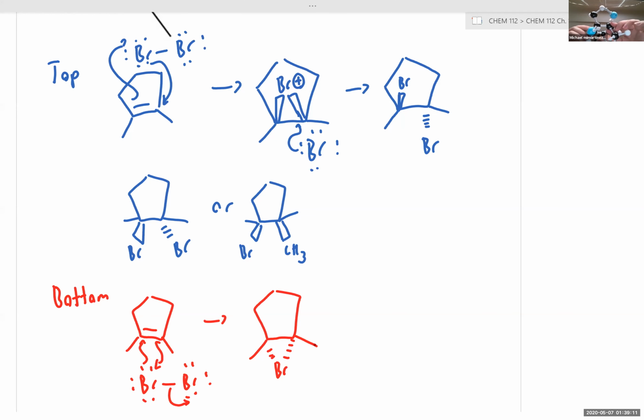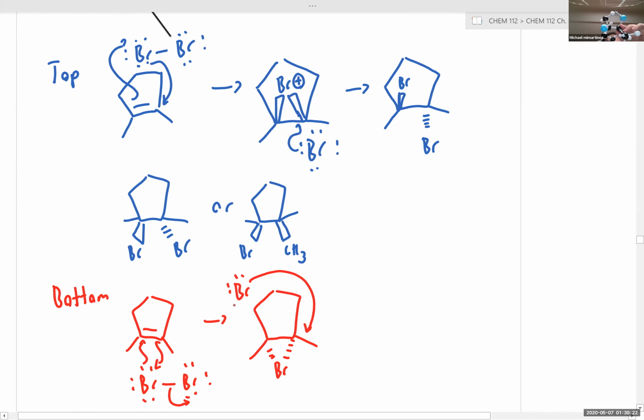Here we go. So we have the following trans bromine addition product. After bromine attacks, arbitrarily, we're going to have bromide attack at the right-hand carbon, and we generate the following structure. So one of our bromines is pointing up, the other bromine is pointing down, and we have our methyls.